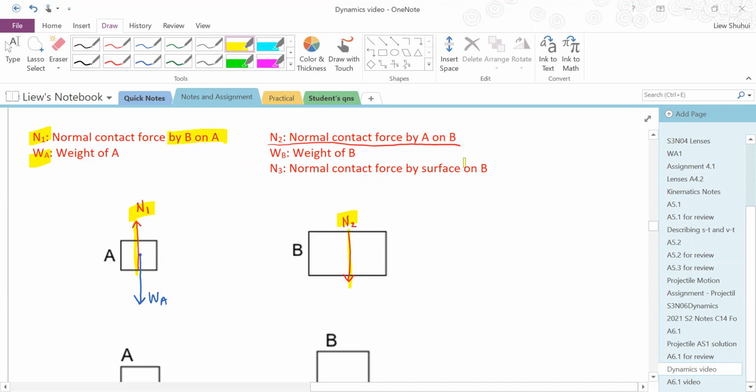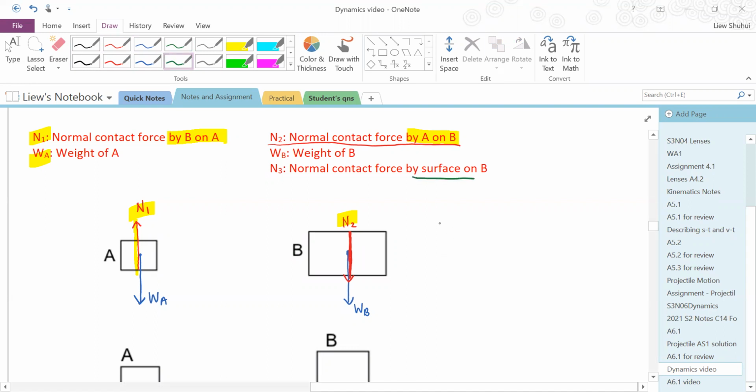One is by B on A, one is by A on B. Next, you should have the weight of B also pointing in the downward direction. Let me just straighten my N2. And then you should have the normal contact force by the surface on B.